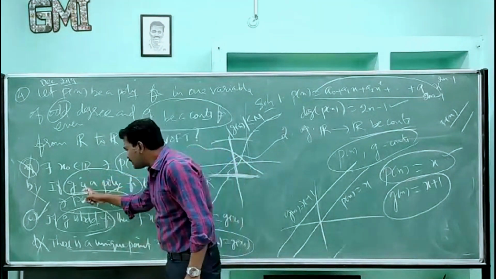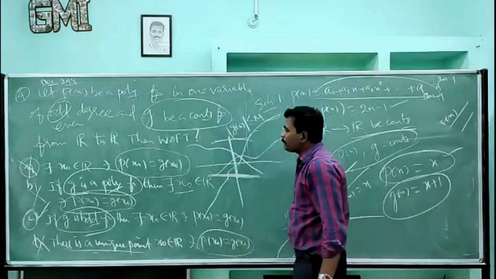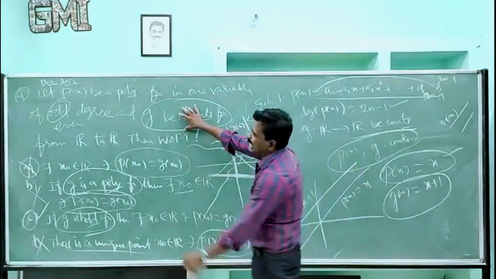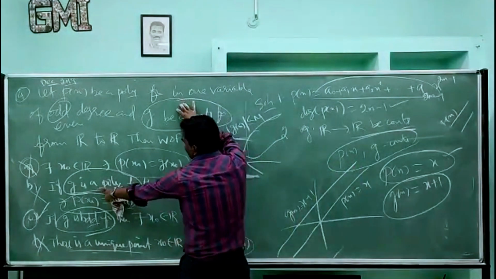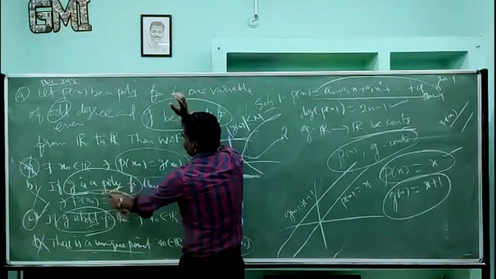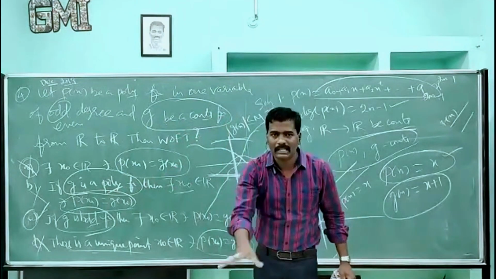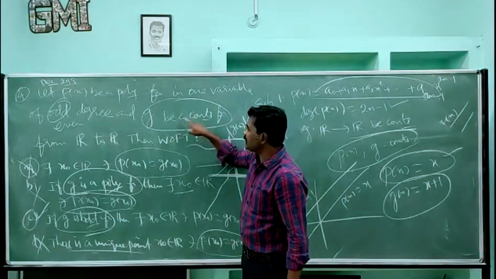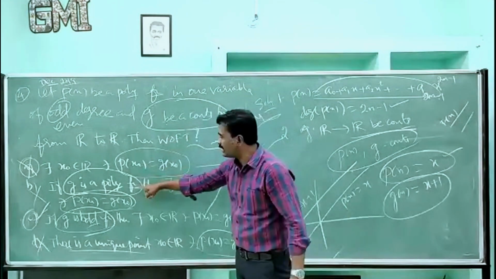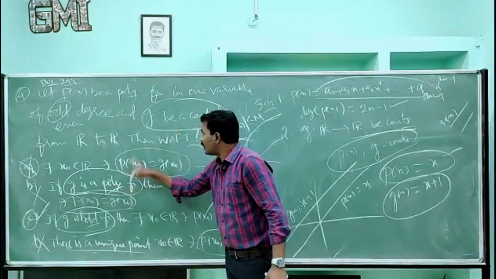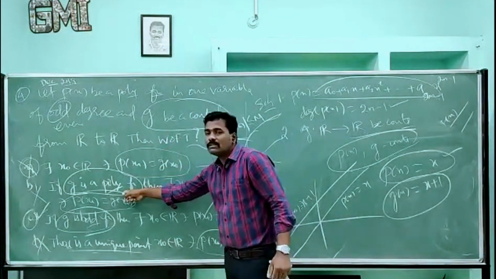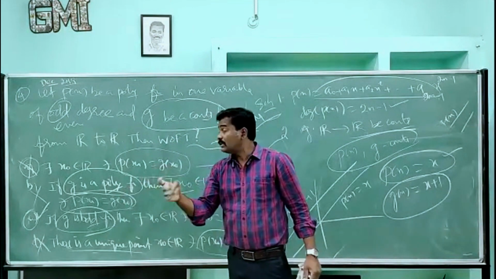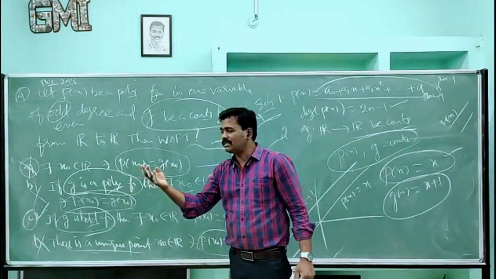Okay, the same example will work for option B also. Now, in option B, extra hypotheses are given: continuous and polynomial. P of x is a general odd degree polynomial. For G, the general hypothesis is continuous, and the special case is continuous and polynomial, so G should be continuous as well as polynomial.